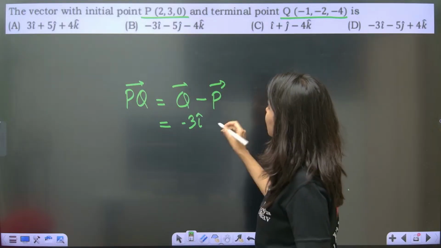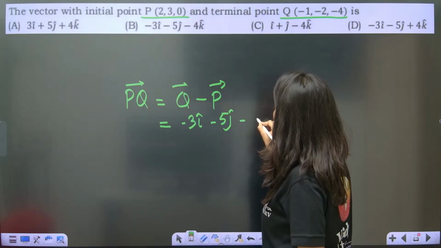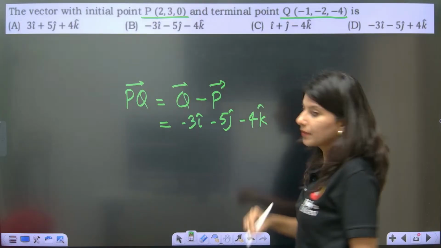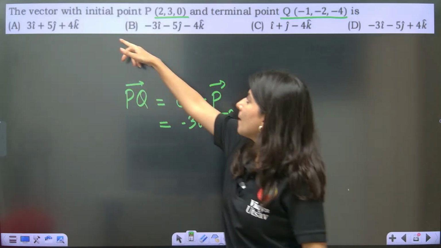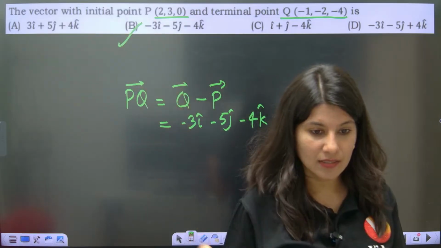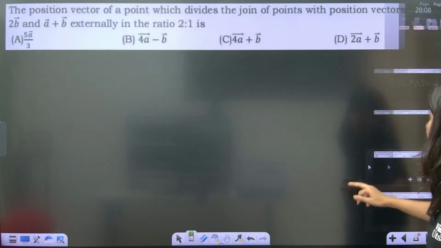Minus 2, minus 3, so minus 5 J cap. Minus 4, minus 0, so minus 4 K cap. So minus 3, minus 5, minus 4 is sitting in option B. Clear. Perfect. Next question on your screen.